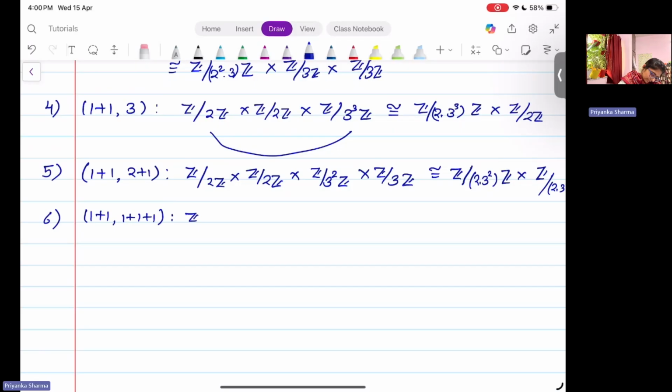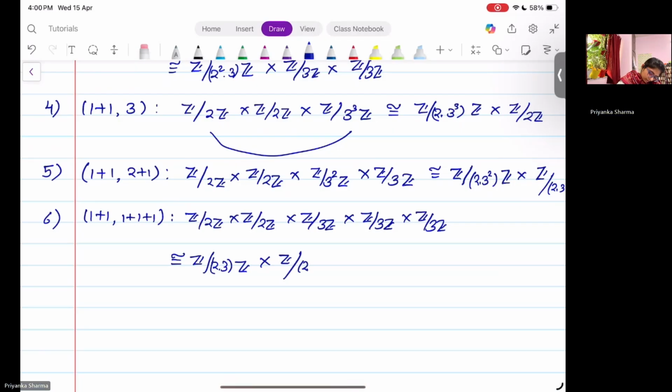That is Z mod 2Z cross Z mod 2Z cross Z mod 3Z cross Z mod 3Z cross Z mod 3Z, which is isomorphic to Z mod 2 into 3 Z cross Z mod 2 into 3 Z, and we have a remaining factor which is Z mod 3Z.